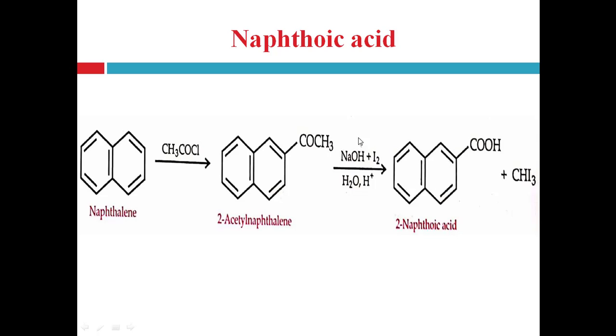This reaction condition is for the iodoform reaction. So 2-acetyl naphthalene undergoes iodoform reaction and forms 2-naphthoic acid and releases iodoform, CHI3. Here in this reaction iodoform is produced, that's why it is known as the iodoform reaction.